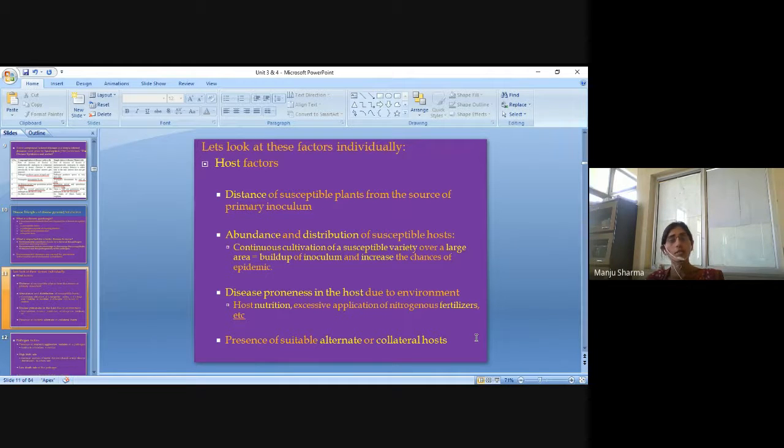Disease prevalence in the host is also affected by environment, host nutrition, and excessive application of nitrogenous fertilizer. There is also the presence of a suitable alternate or collateral host.